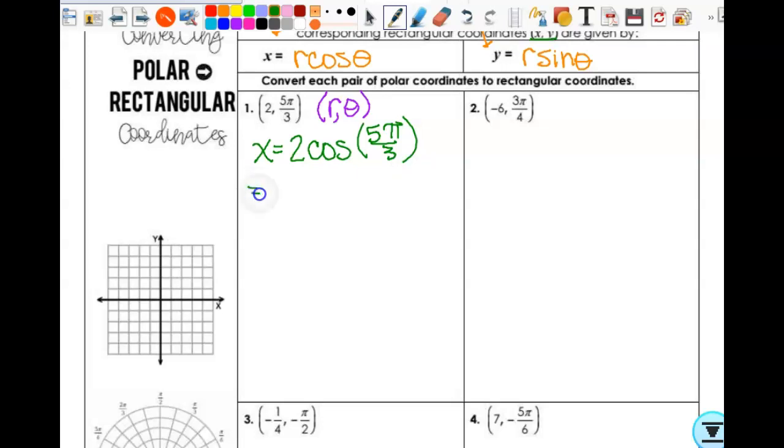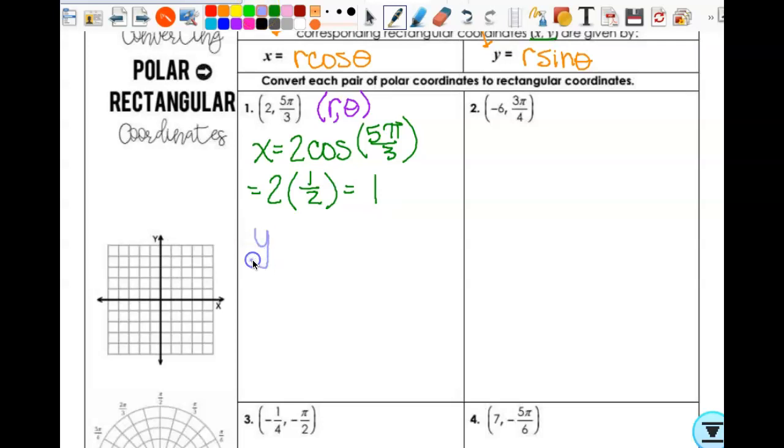So that equals 2 times, all right, what's the cosine of pi thirds? 1/2. 5 pi thirds is in which quadrant? The 4th, and so in the 4th, cosine is what? Positive. So this is 1/2, and that just gives me 1.